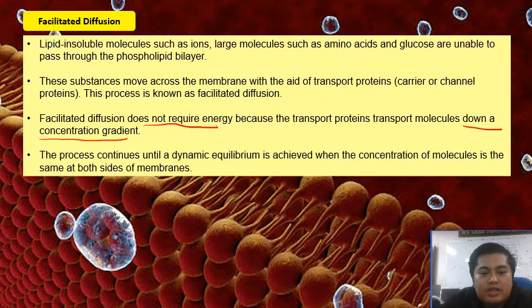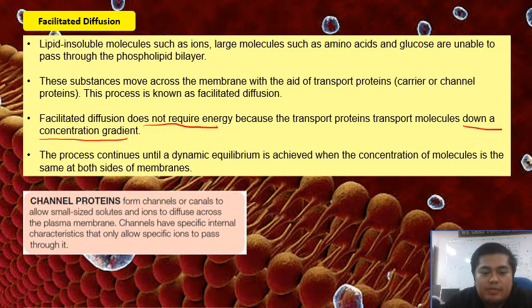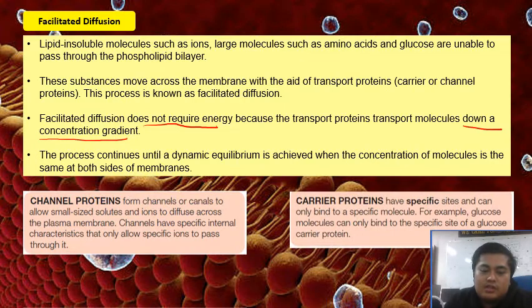So this process continues until a dynamic equilibrium is achieved when the concentration of molecules is the same for both sides of the membrane. So sama je macam tadi. As long as dia dah sama kedua-dua belah pihak, barulah kita kata dia dah sampai dia punya dynamic equilibrium. So kita ada dua jenis protein, which is channel protein and carrier protein. Channel protein ni juga kadang-kadang kita jumpa dia sebagai pore protein.